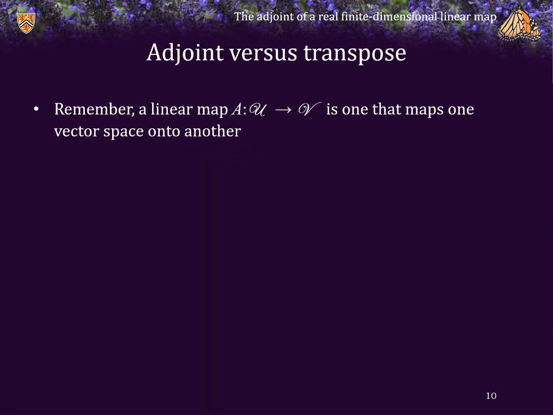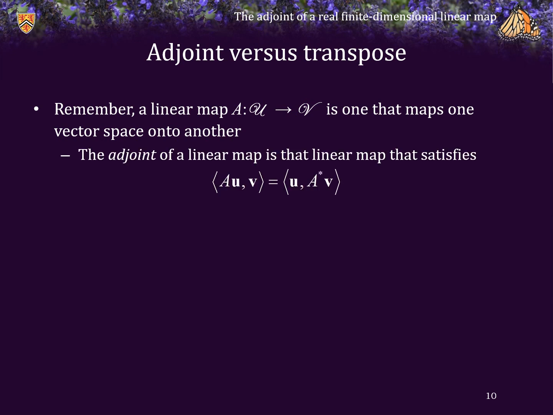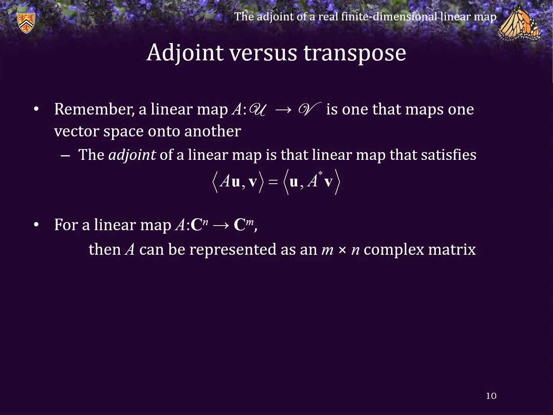Now remember, a linear map A mapping a vector space U onto V is one that maps the first vector space onto the second. The adjoint of a linear map is simply the linear map that satisfies this relationship for all vectors U and V, and this second linear map is unique.